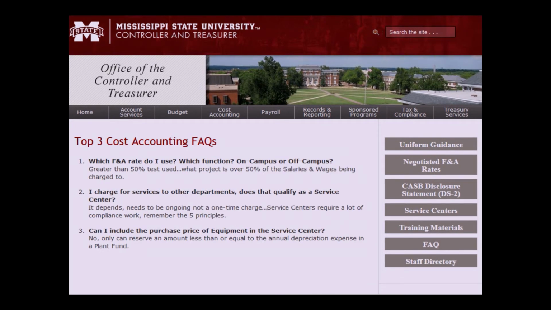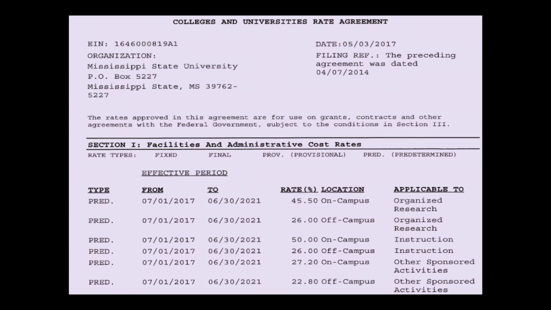The top 3 cost accounting FAQs. The first one is which F&A rate do I use, which function, and do I use the on or off-campus rate? Remember the negotiated F&A cost rate agreement. We actually have 3 different F&A rates, one for each function of the university: one for organized research, one for instruction, and one for other sponsored activities.